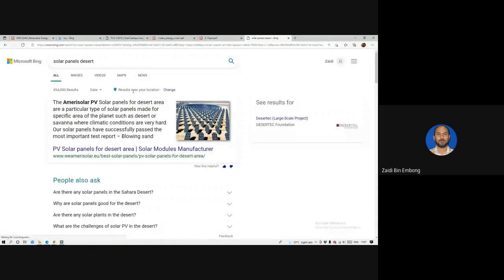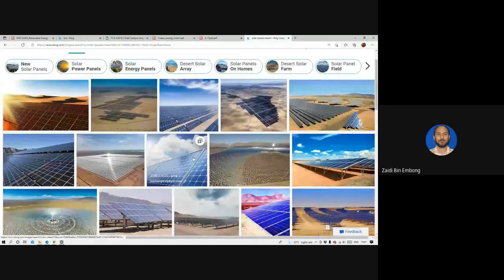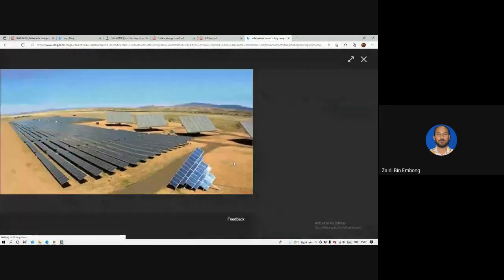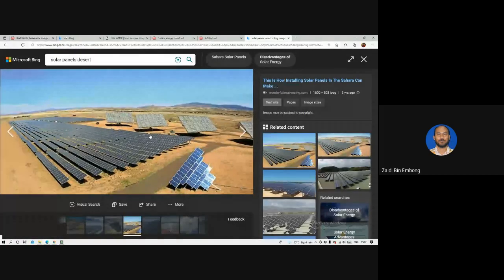You can see like this. Can you see it? Solar panels somewhere around there. There is no tree. In Mojave, Sahara Desert.